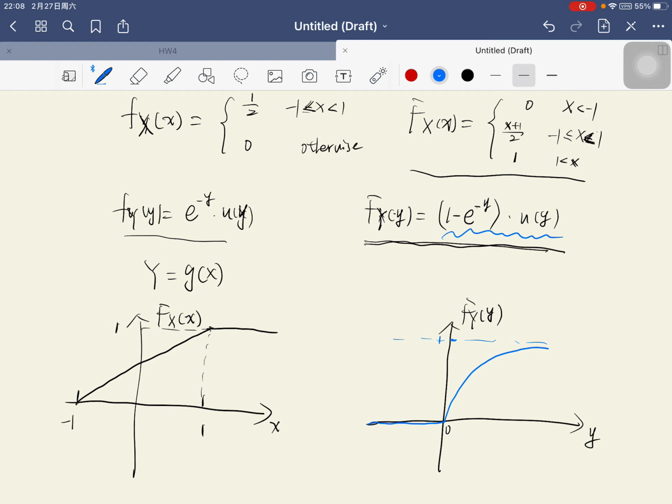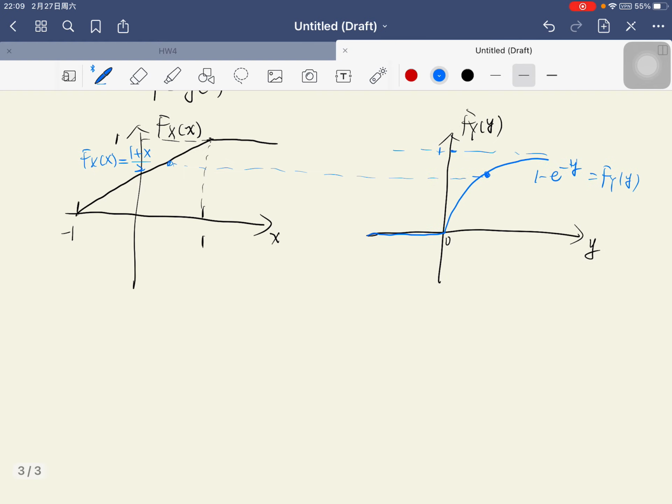So we could find that at one point y is equal to x. So we could compute this point, as the distribution functions of theirs are the same.